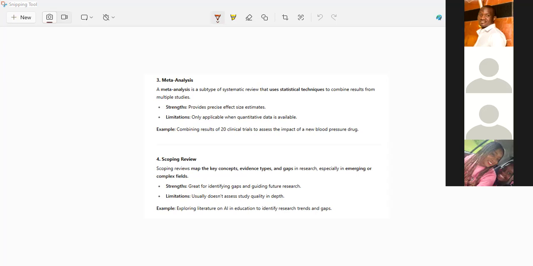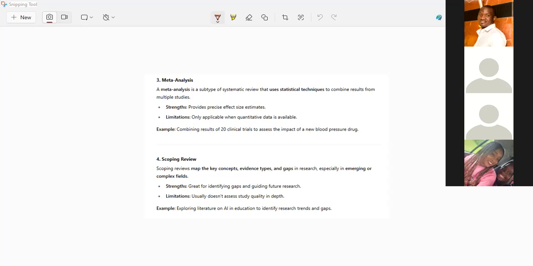The advantage is that it's ideal for exploratory purposes and identifies the scope and nature of the available research. The limitation is that it doesn't evaluate the validity of the studies. So these are the types of reviews that we have.